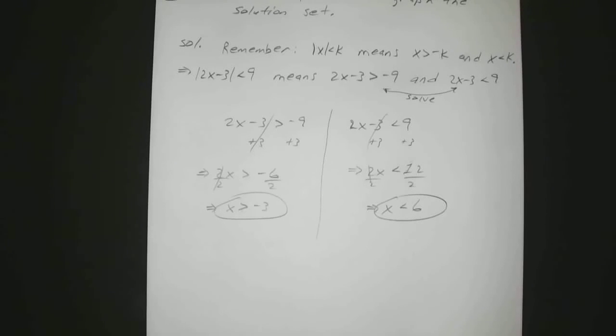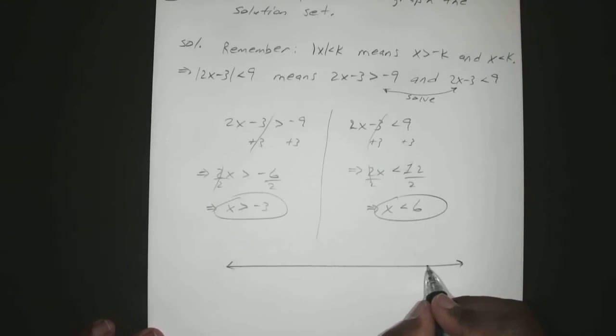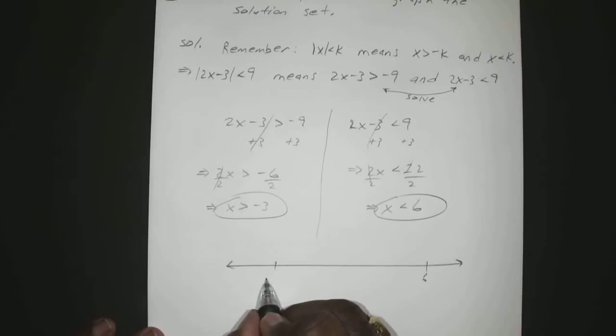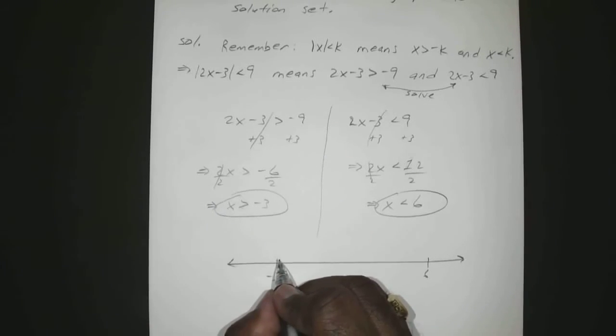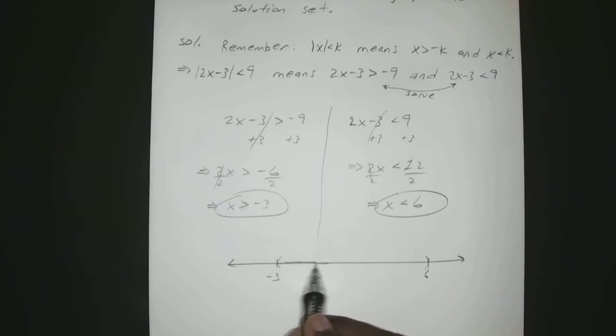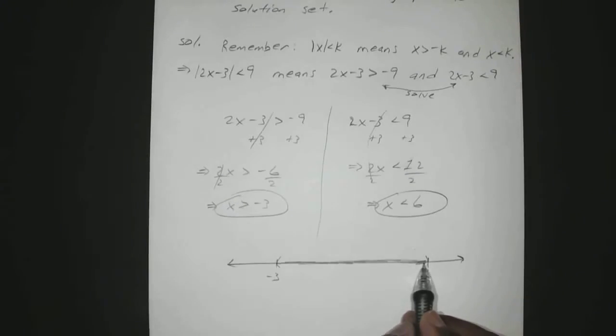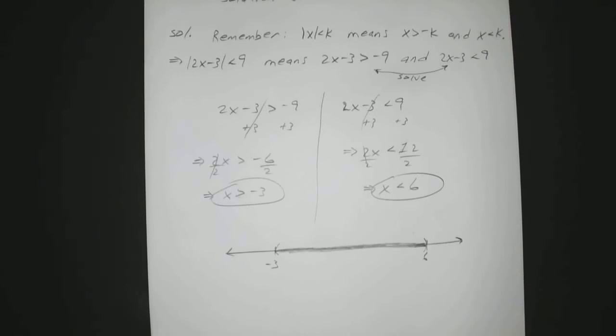Okay. Now to graph the solution set, you literally just need a number line. Let's say this is our 6, and this is -3. Because you have less than and not less than or equal to, you're going to use parentheses. So you're going to have parentheses here, parentheses there, and everything in here is shaded. Okay, so this is your graph of your solution set. All right, does this make sense?